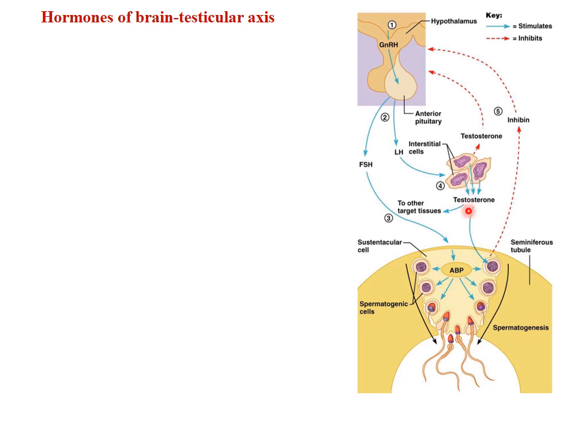Then testosterone will start diffusing into the seminiferous tubule, and it will be binding to the androgen binding protein. Androgen binding protein will make sure that the testosterone is getting concentrated within these seminiferous tubules.